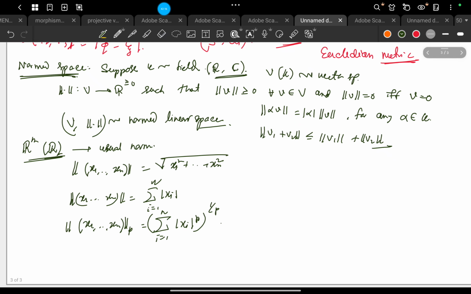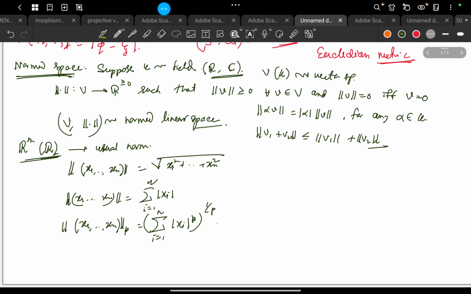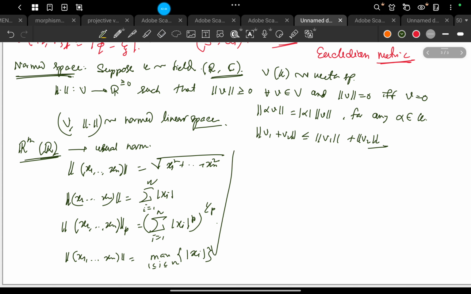Or something called the maximum norm also can be defined. Maximum, that is equal to max of mod xi, i equals 1 to n. So all these are norms on Rn. Okay.